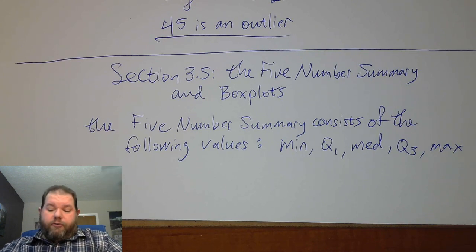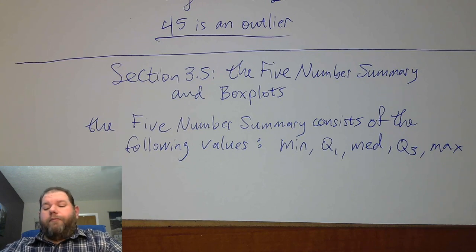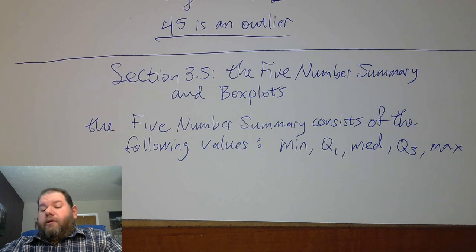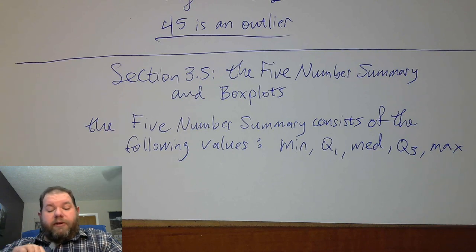And then we introduced Q1 and Q3 in section 4. So all 5 of these numbers together make up what we call the 5-number summary.